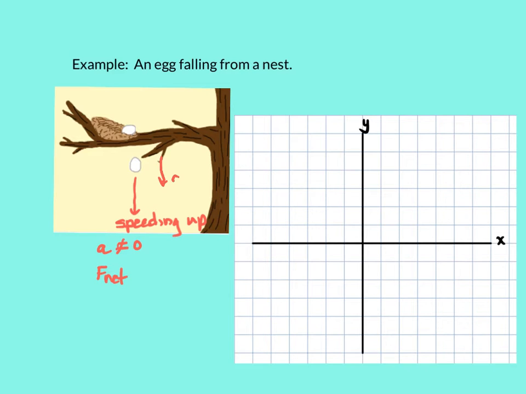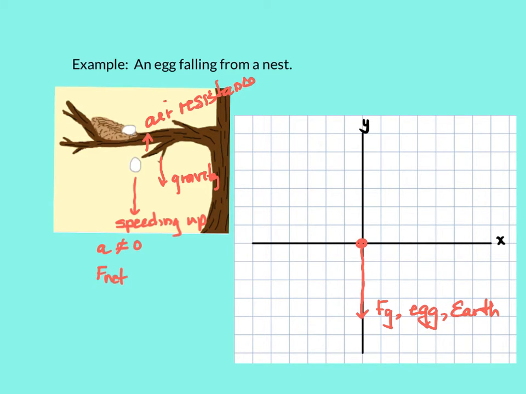Well, let's see, we've got gravity, and I think we probably have a little bit of air resistance, right? So, draw my object, I draw my gravity, force of gravity on egg by Earth.